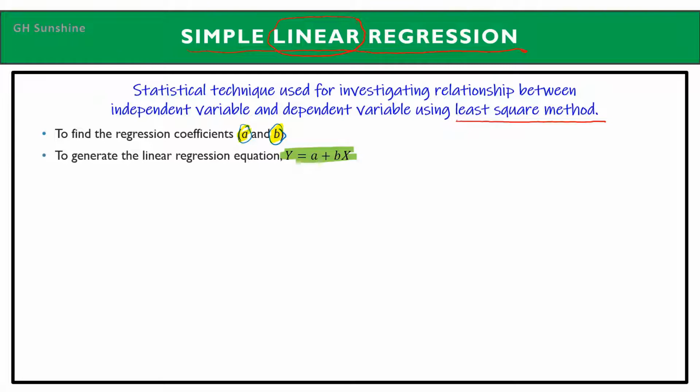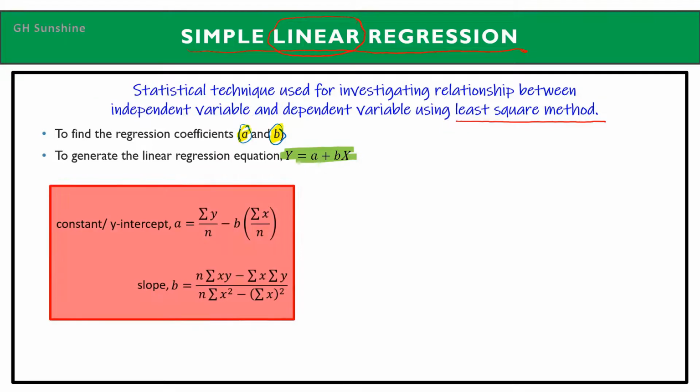Y is the dependent variable, A is the constant value, B is the slope value, and X represents the independent variable. We will use this formula to calculate A and to calculate B.